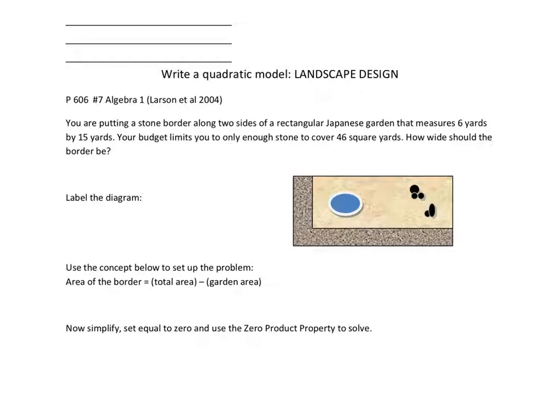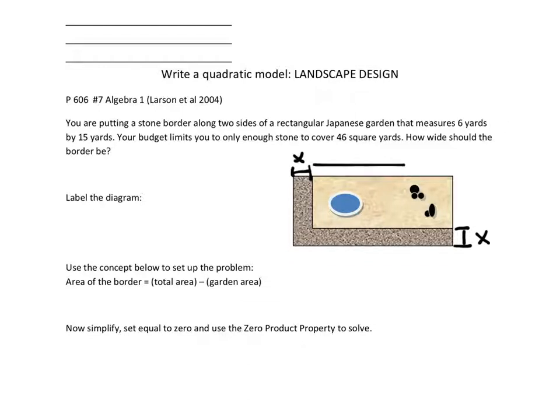We want to know how wide the border should be. So we are not sure of that length and that length. Since it's going to be the same because it's a border, we can make sure that we indicate that to be X along there and there.